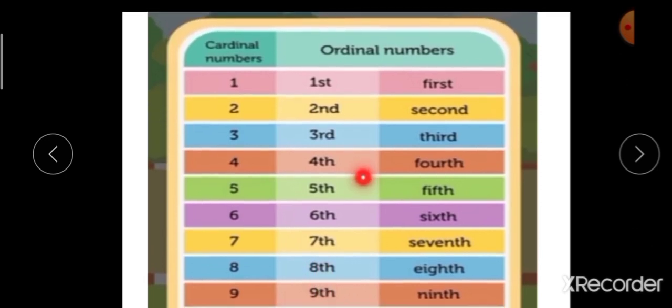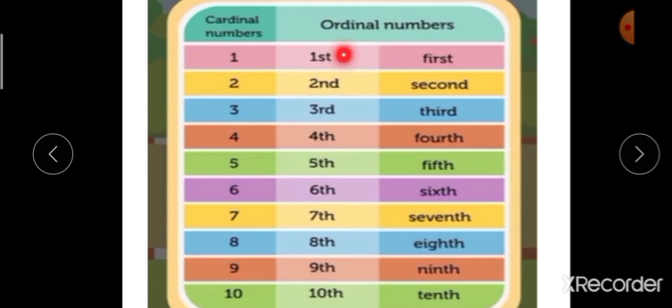These are the ordinal numbers, and the spellings of these ordinal numbers are first, second, third, fourth. You write the spelling of 4 and then you add th, fourth. Now 5, we don't say fiveth, it is fifth.